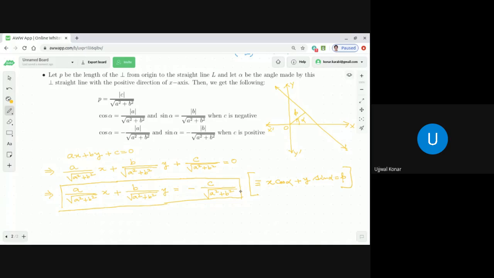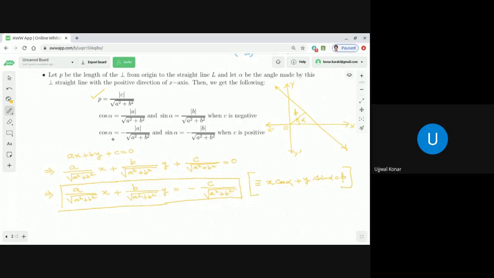Now this equation that I wrote, we can make an analogy with the normal form. What is the normal form? If you recall, the normal form is x cos alpha plus y sin alpha is equal to p. So now for this equation, we can say cos alpha is equal to a by square root of a square plus b square, and sin alpha is equal to b by square root of a square plus b square, and p is equal to mod c by square root of a square plus b square.